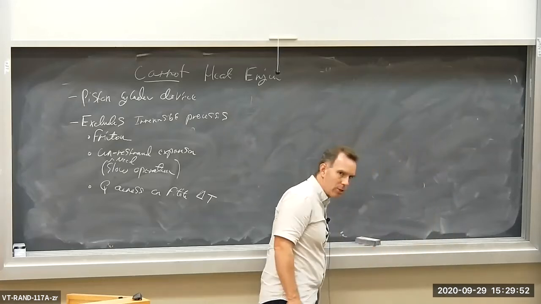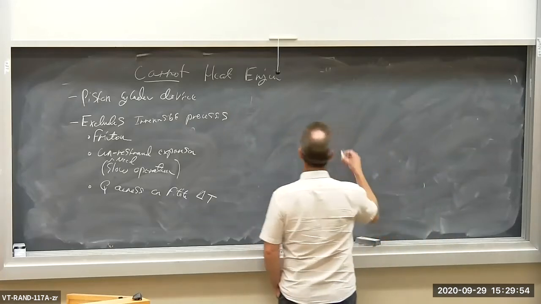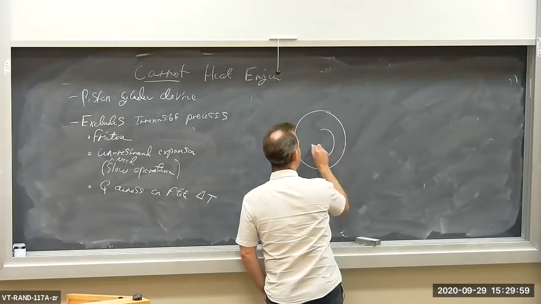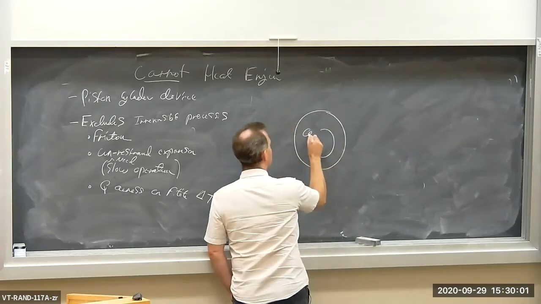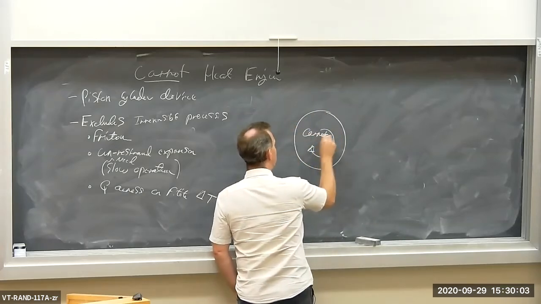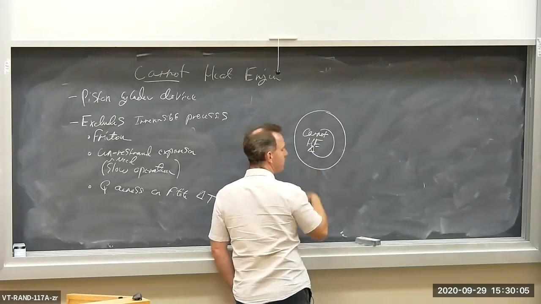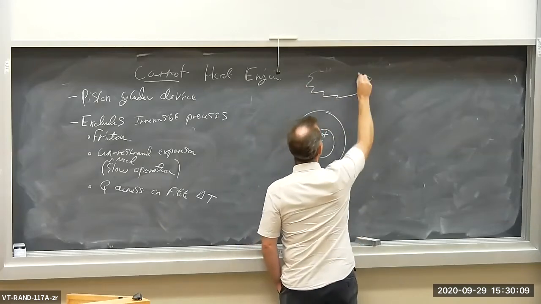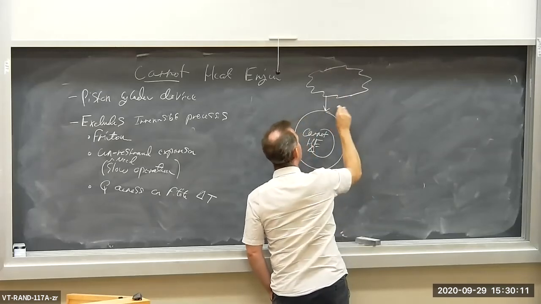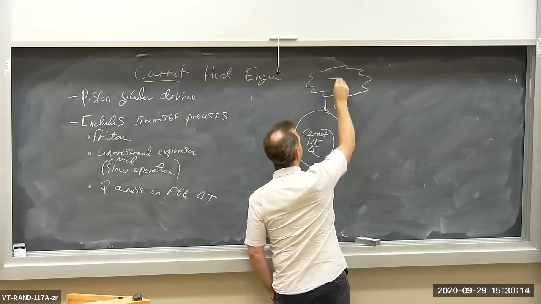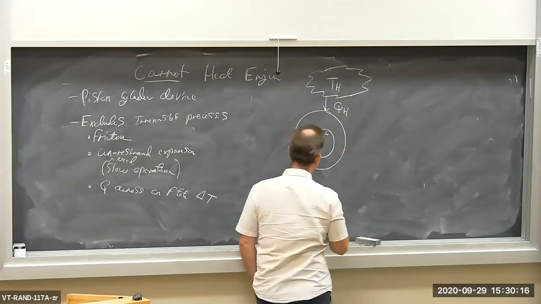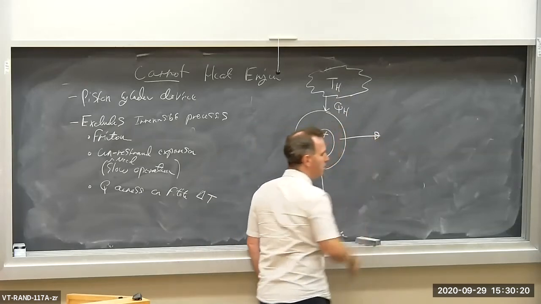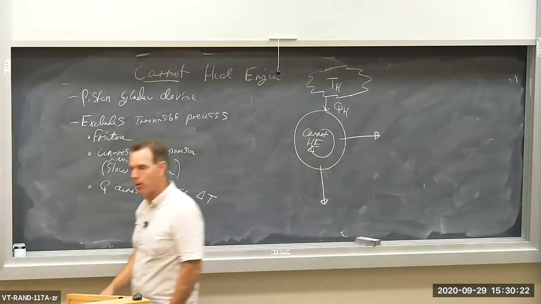The big picture is we have this Carnot heat engine and it's operating in a cycle. It receives heat Q high from a high temperature reservoir, produces a net amount of work.